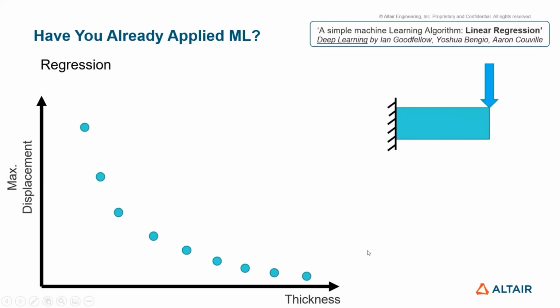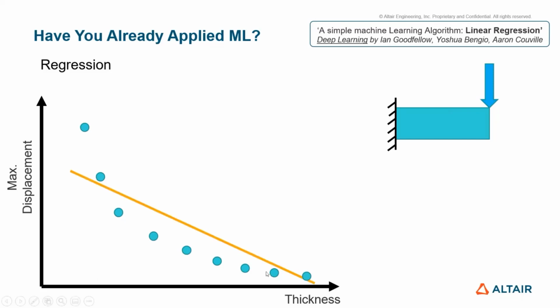These are the different variables. Now I want to give you a completely different thickness, which you have not measured until now. You build a machine learning model, and you just input the thickness, and without doing any simulation, it will tell you the maximum displacement.